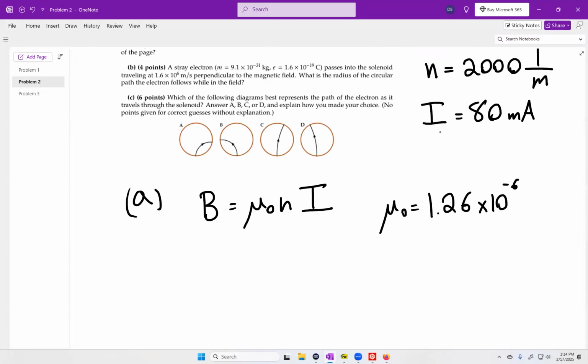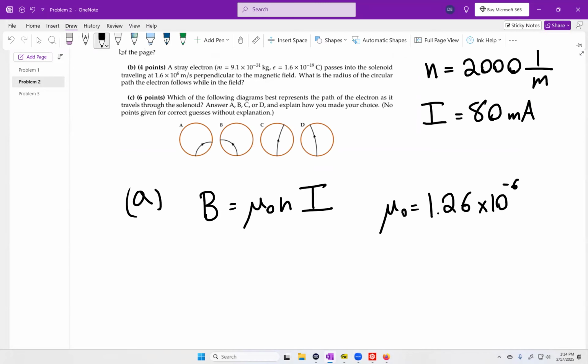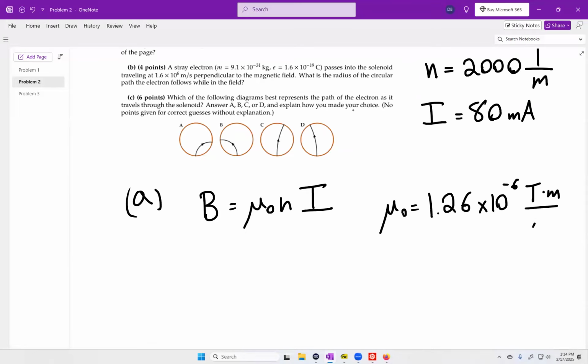Okay. And let's see if I can remember the units. Tesla meter per ampere. Yeah. Okay. Right, so we can just plug in.